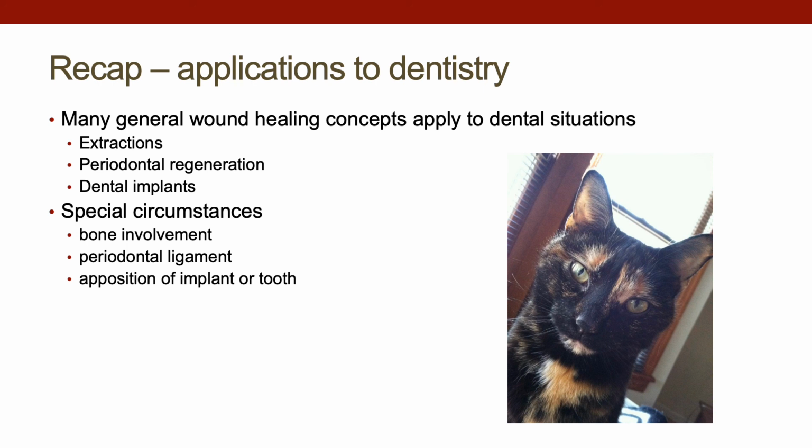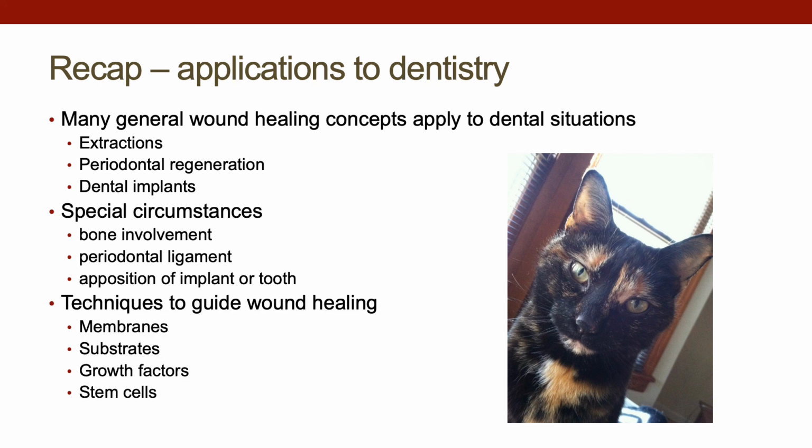Bone is often involved, or the periodontal ligament is a special situation, and the tooth or implant can be close up to the tissue that's trying to heal, and that can affect which cells want to migrate into which area and so forth.